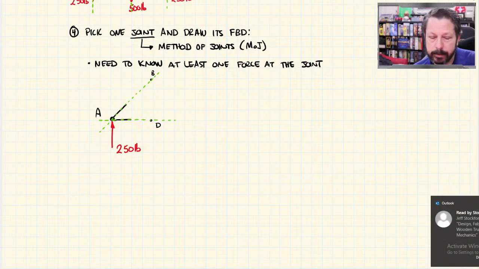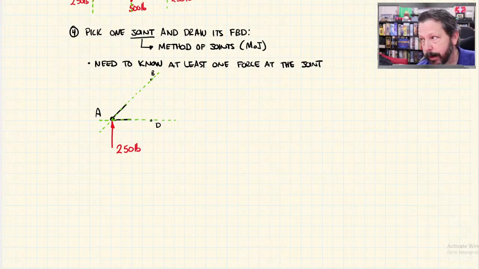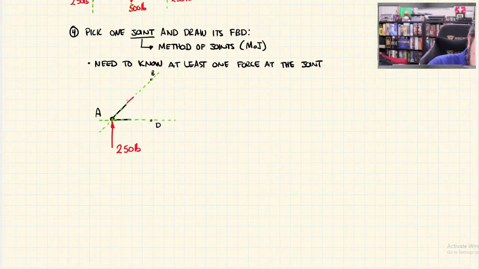I don't know if these are tension or compression. So again, what I normally do, if I don't know, is I just make them positive, and we consider tension to be positive. So I'm going to draw that as the force in member AB, and that as the force in member AD.